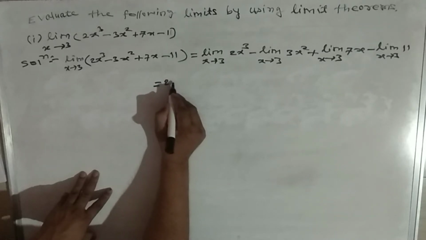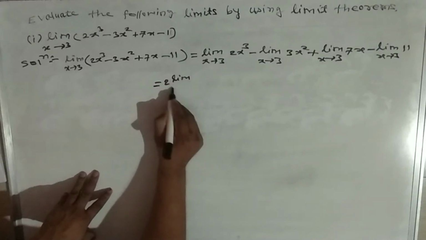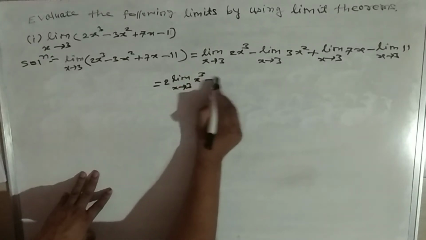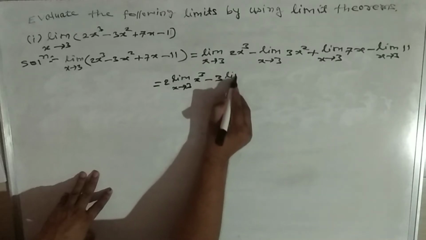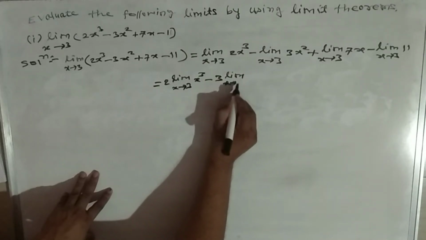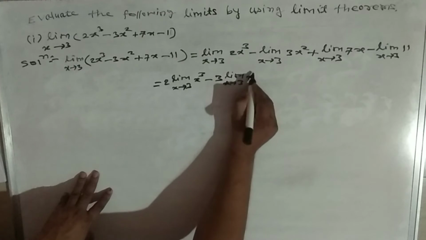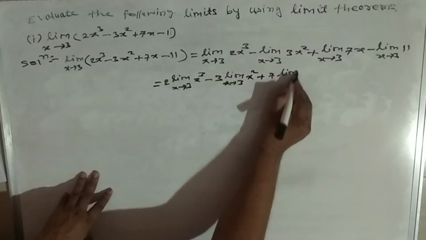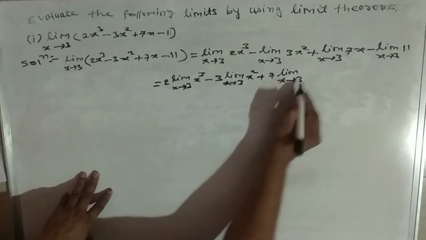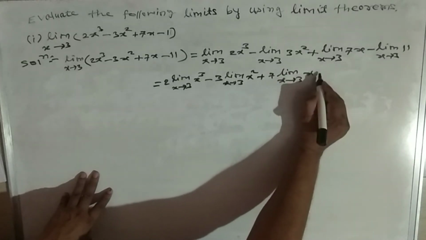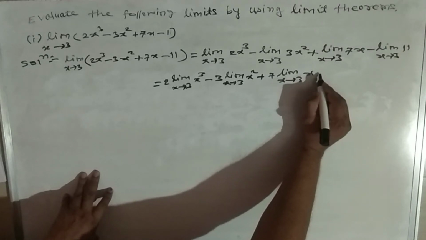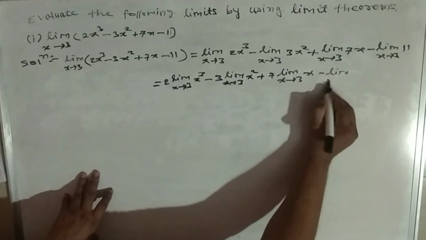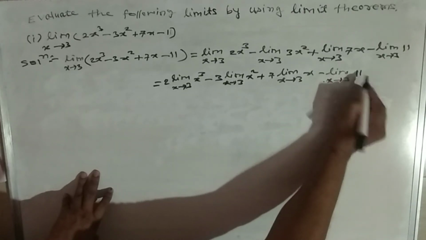So what you get? This is equal to 2 times limit as x tends to 3 of x cube, minus 3 times limit as x tends to 3 of x square, plus 7 times limit as x tends to 3 of x, minus limit as x tends to 3 of 11.